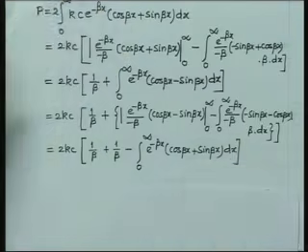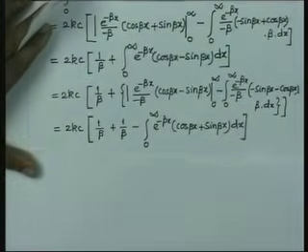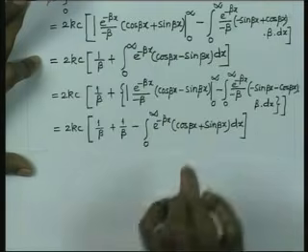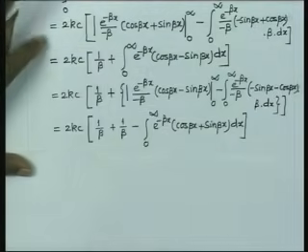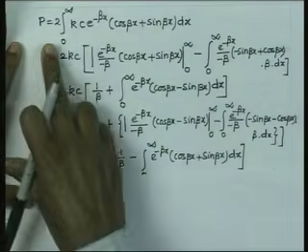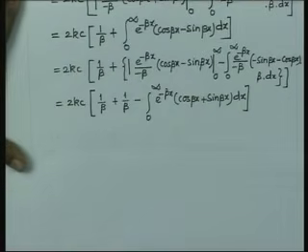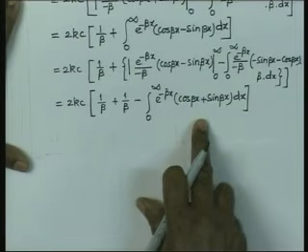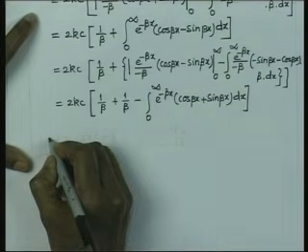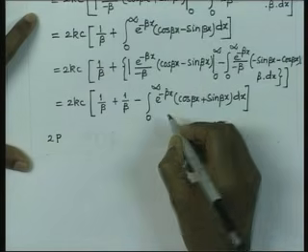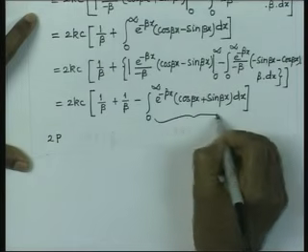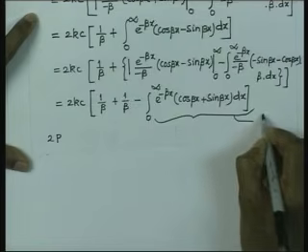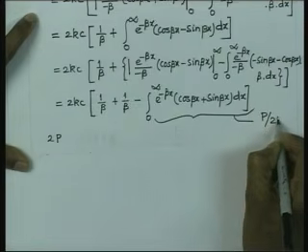So, that is the simplification, and now we substitute for p by 2 kc, and therefore we get the following. So you get 2 kc into p by 2 kc, and this is negative, so it will go to the other side. Finally, this is nothing but p by 2 kc.